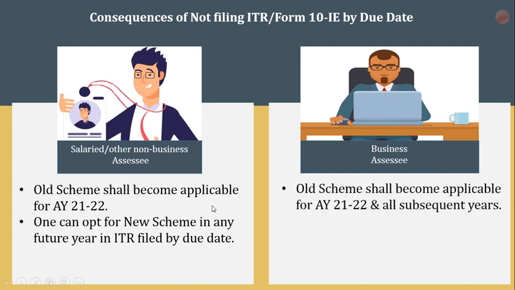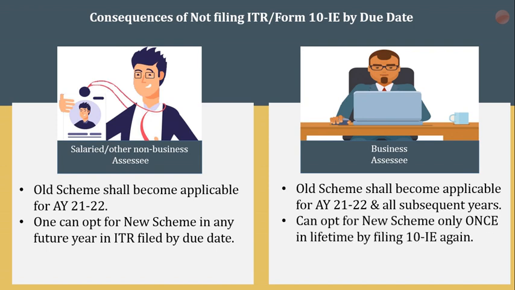But in the case of a business assessee, the old scheme shall become applicable for assessment year 21-22 and all subsequent years. It's important to note that the scheme will not become applicable only for this year, but even for all subsequent years. One can opt for the new scheme only once in a lifetime by filing Form 10IE again.